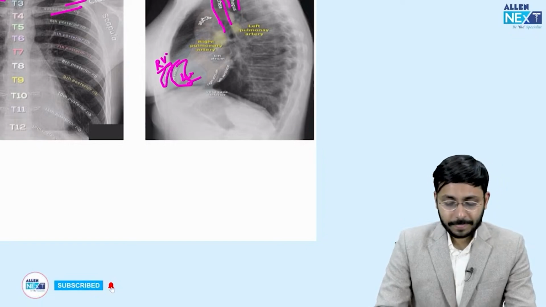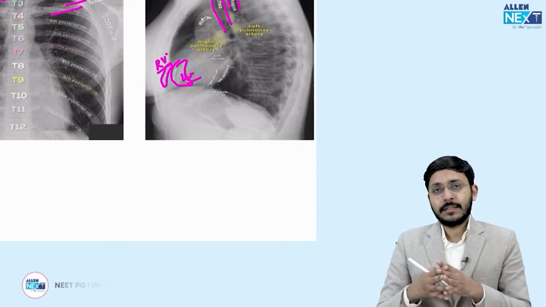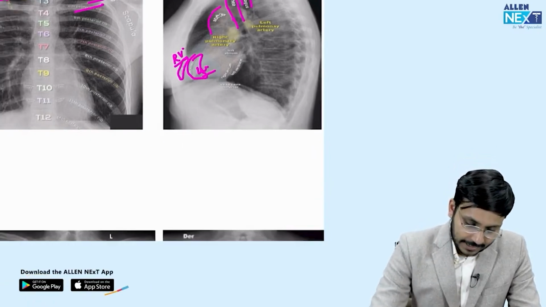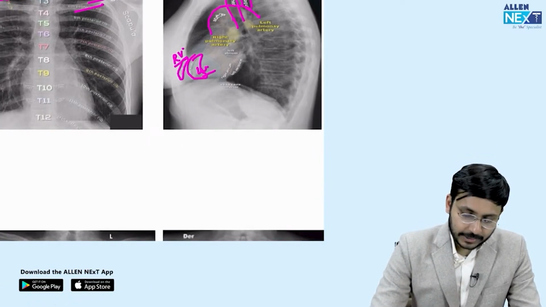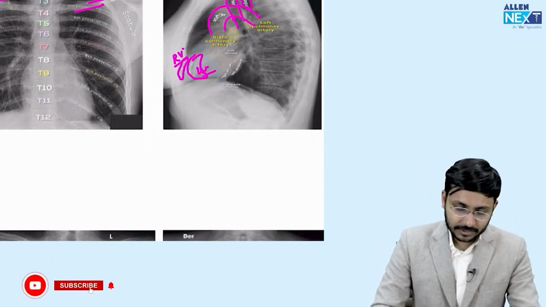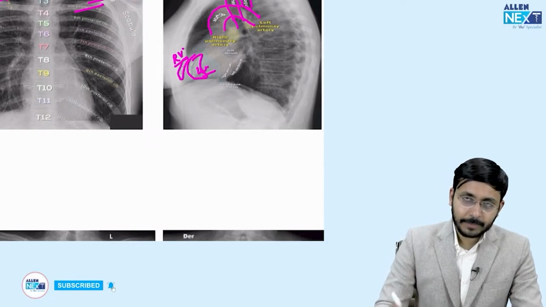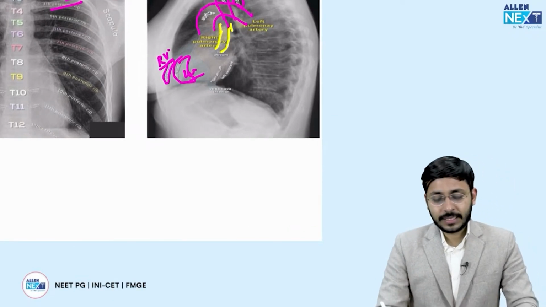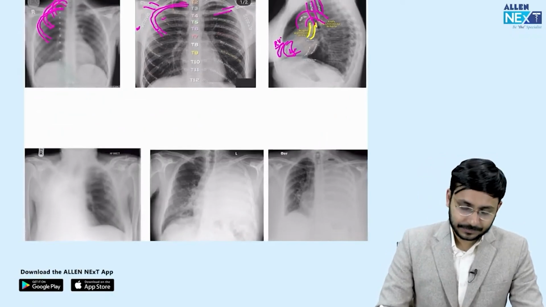So this was about your lateral chest X-ray. Now aorta goes from anterior to posterior. So this is how your aorta goes. This will be your aortic shadow, and the main pulmonary artery is shown with these yellow lines.